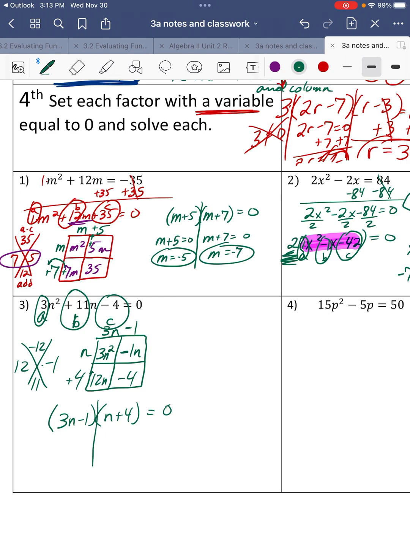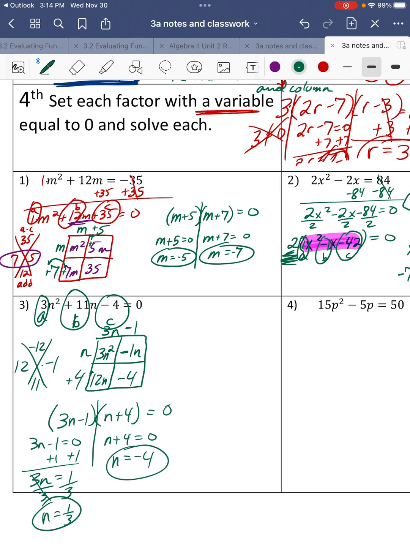Set each equal to 0. Solve. Here's a two-step problem. n equals 1/3, and subtract 4, you get n equals negative 4.